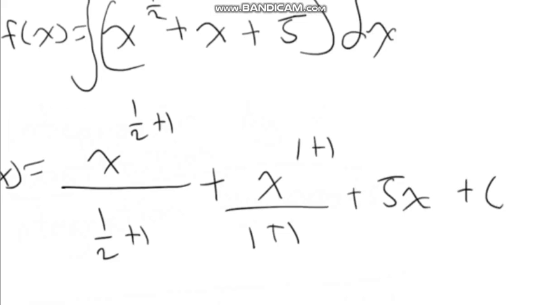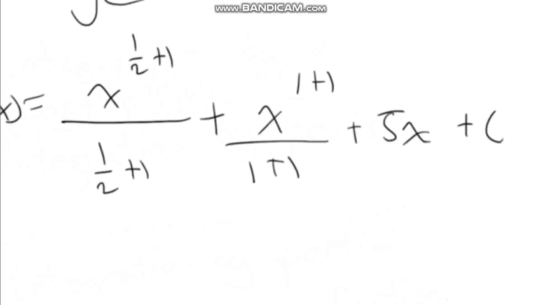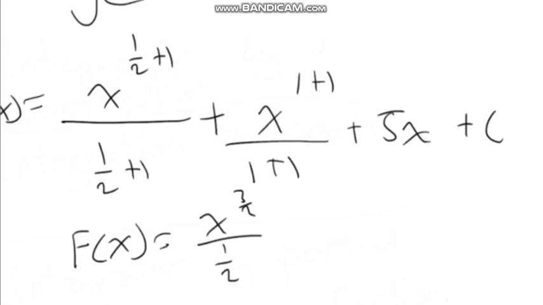And if we simplify these algebraic expressions, we're gonna have big F of x equals x to the power of 3/2 over 1/2. I guess that's gonna be 2 in a sense.